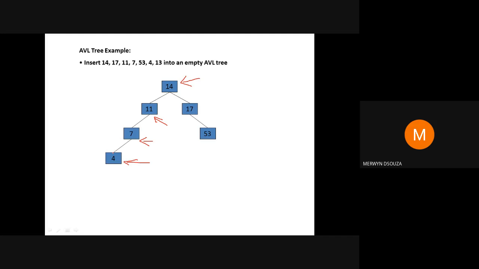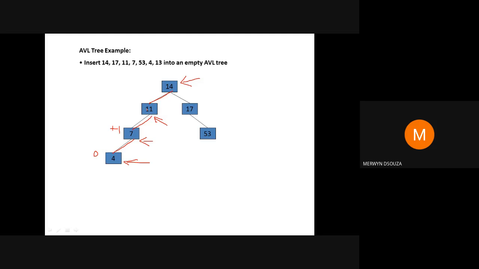These are the nodes on the path from 4 to 14, and you're going to calculate the balance factors for all of them. You start from the new node. Always start from the bottom and go towards the root. Don't start from the top first. We start here, you will calculate this as 0. This will be +1.